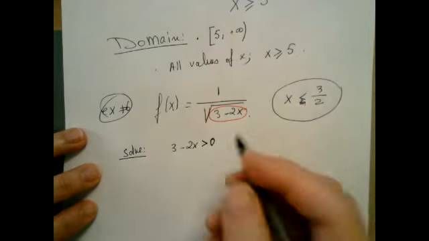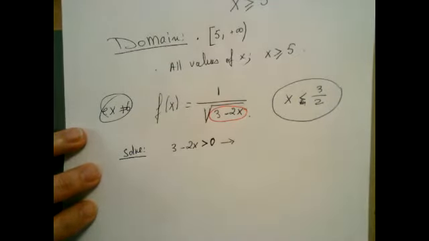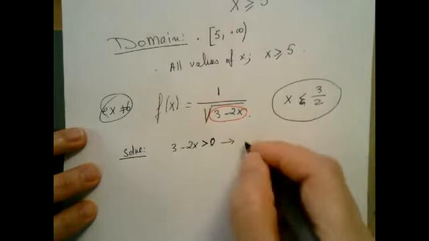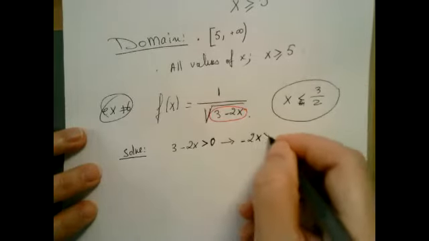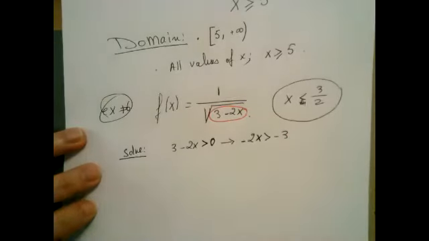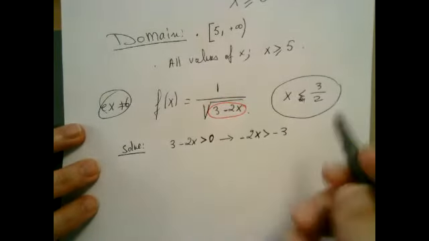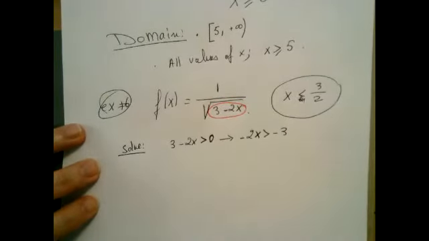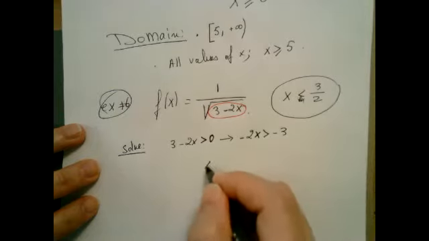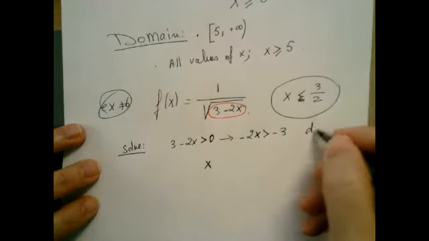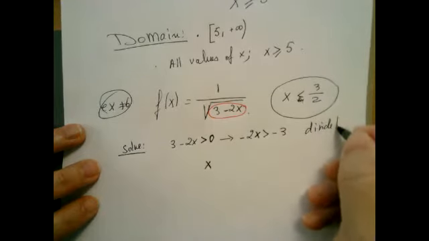All right, so let us solve it. Minus 2x strictly larger than minus 3. Now to isolate x, I need to divide by -2. But since this is an inequality, when I divide by a negative number, I have to switch the sign.